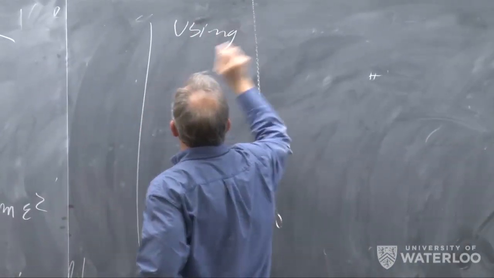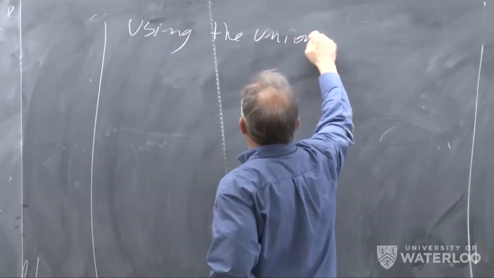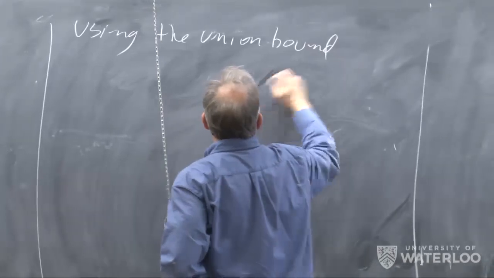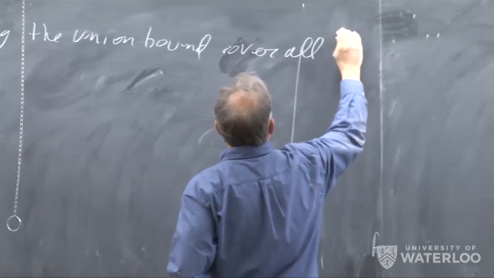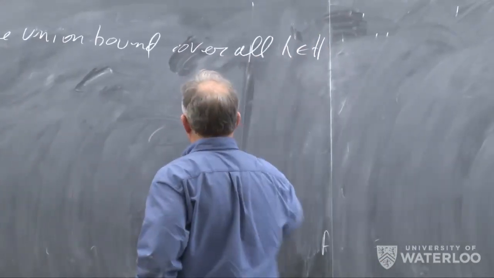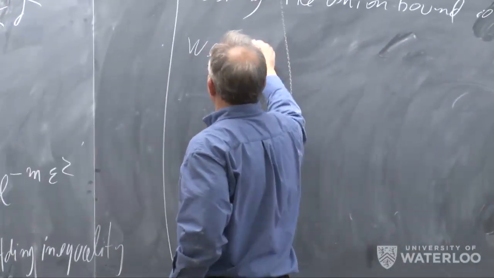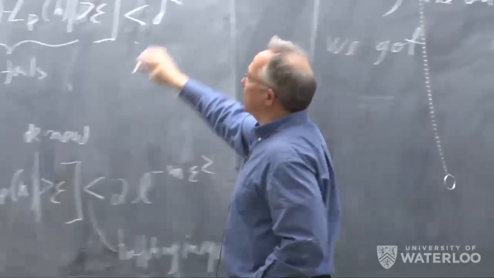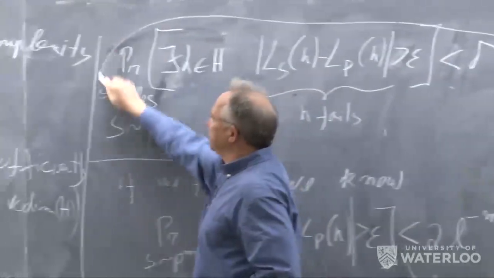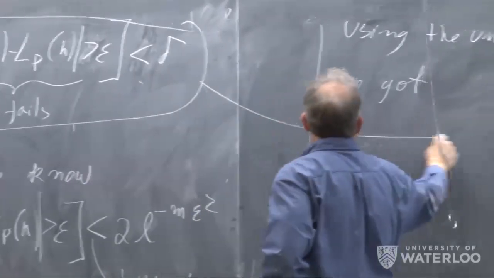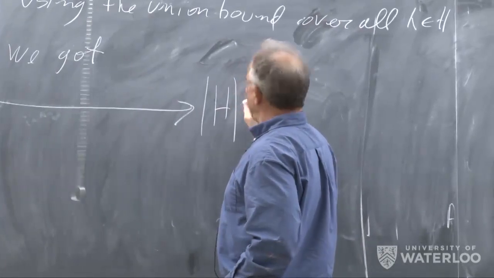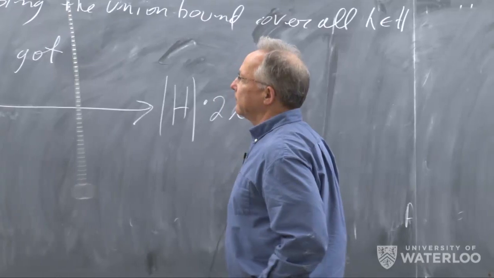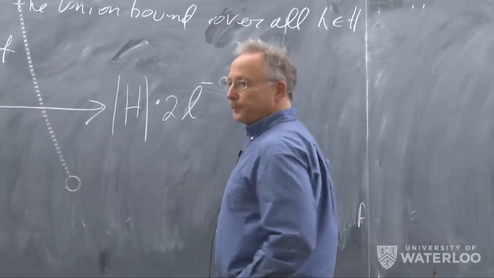So now using the union bound over all H's in H, we got that this probability, what we really care about, is less than the size of H times 2e to the minus m epsilon squared.